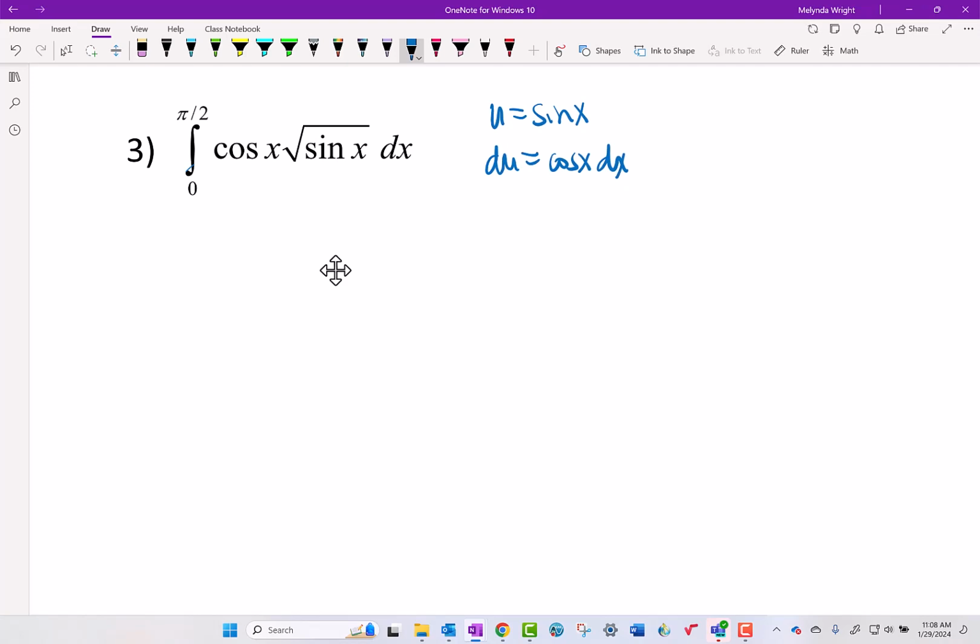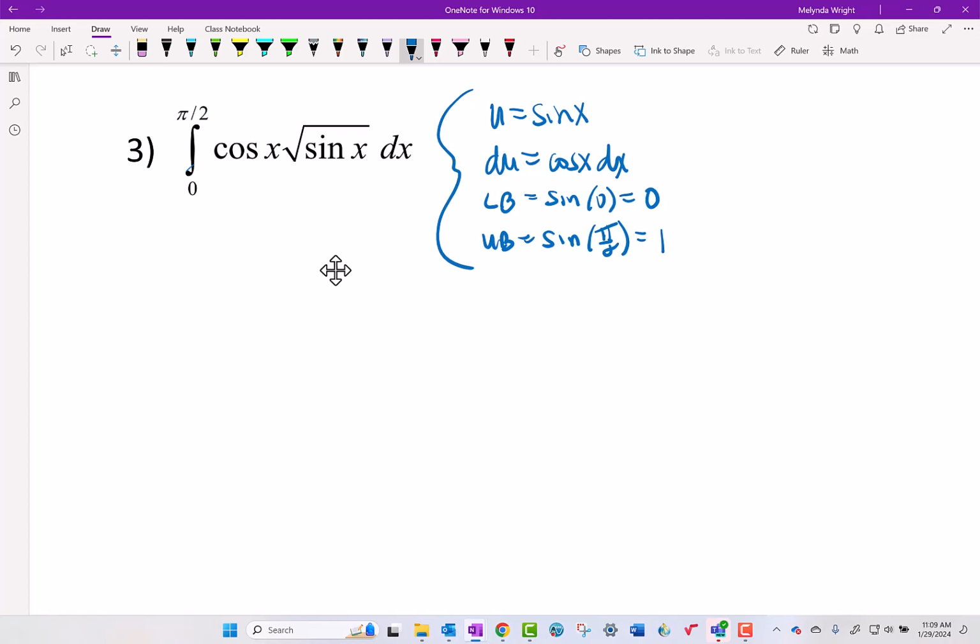I want to immediately change my bounds, otherwise I'm afraid I might forget. My lower bound would be sine of 0. Oh, look at those unit circle values. Sine of 0 is 0, right? And then my upper bound would be sine of pi over 2, and that is 1.